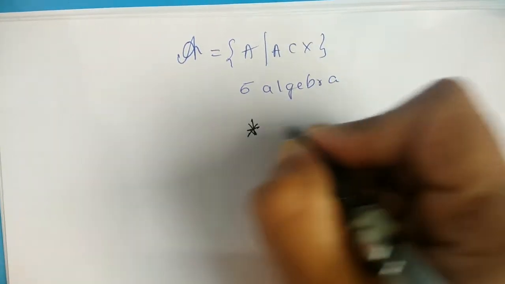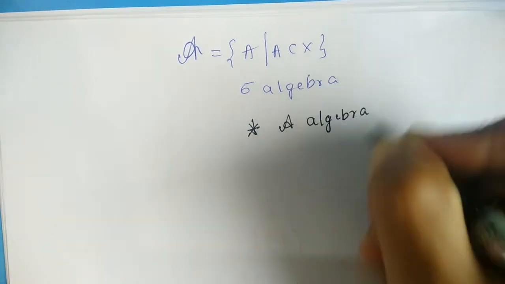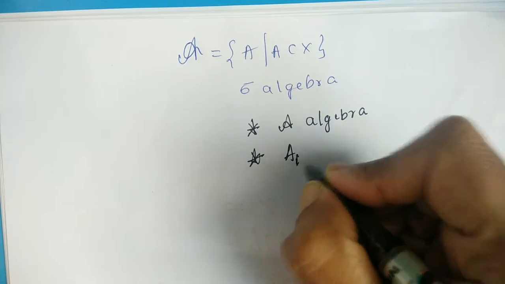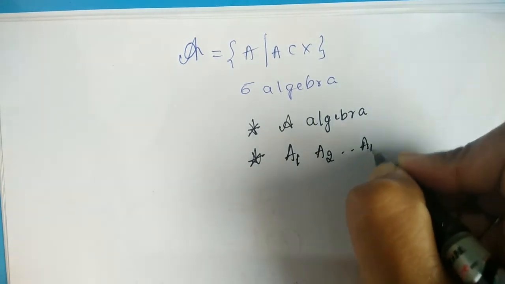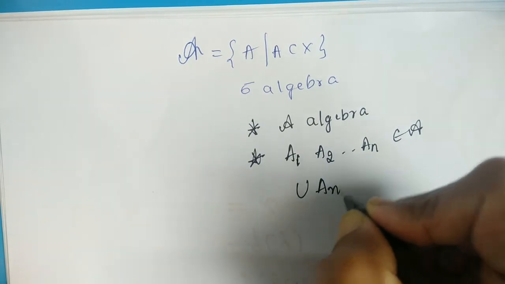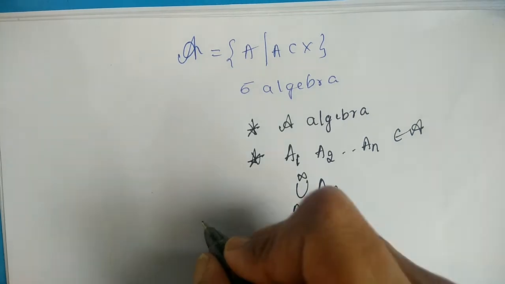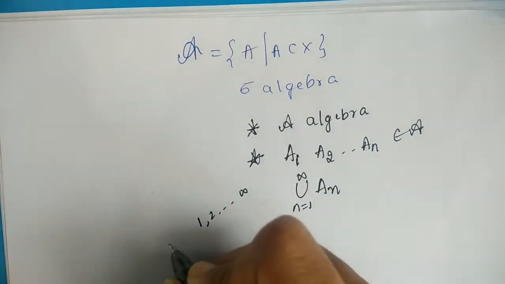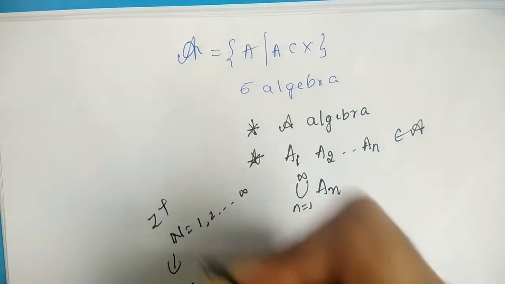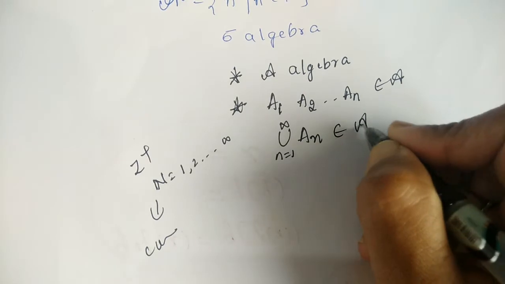First, this collection must be an algebra. The second condition is, if you consider A1, A2, and so on, An in A, then their countable union, that is, n varies from 1 to infinity. So 1 to infinity means what? 1, 2, 3 up to infinity is nothing but the natural numbers. The natural numbers, or Z plus, form a countable set. Therefore, it is a countable union, which clearly belongs to A.